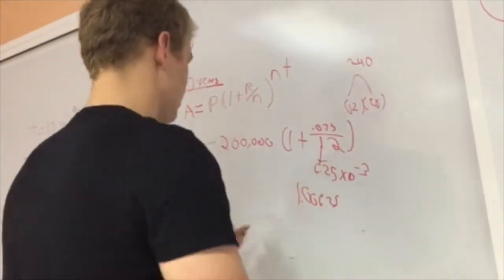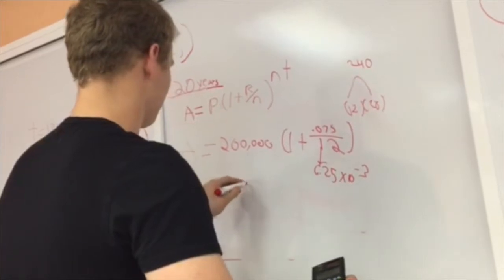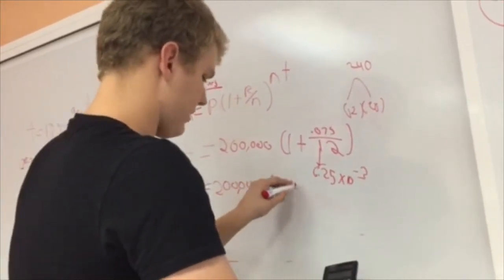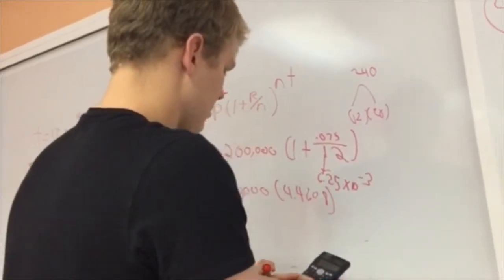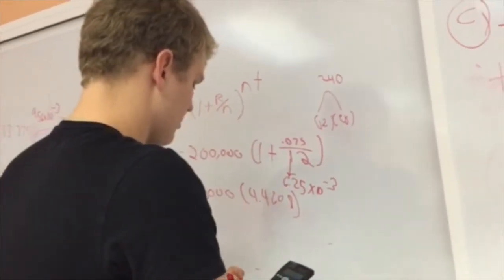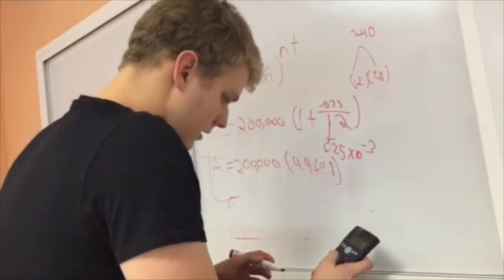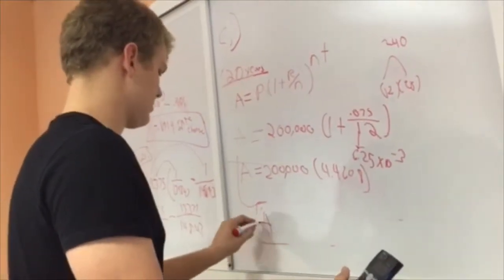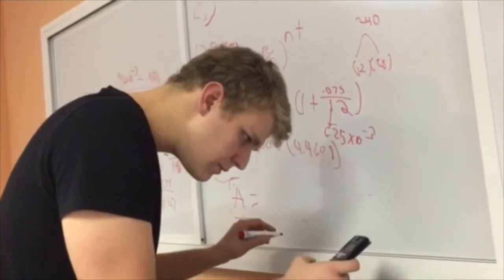It's going to give you 4.4608. So you're going to go 200,000 times 4.4608, which will give you 892,000.